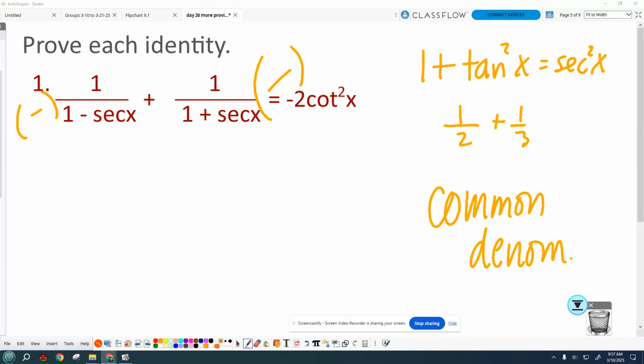Group 4, so Chloe and Polly and Khalil, you guys could put up what you're thinking over here. Group 2, you guys, if you could put your thoughts up here.